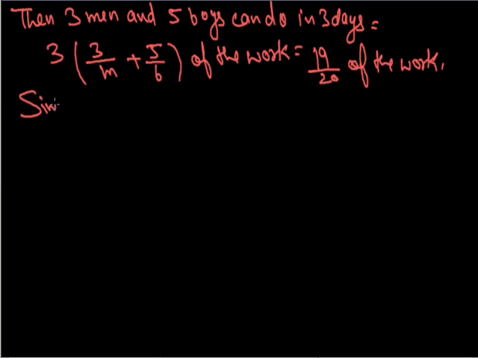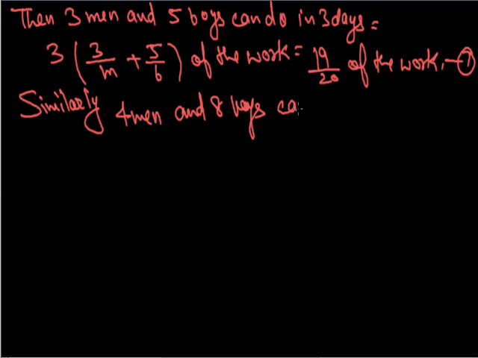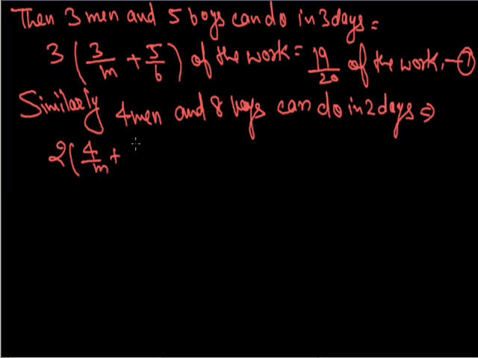Similarly, 4 men and 8 boys can do in 2 days 2 into (4 by M plus 8 by B) of the work, that is 14 by 15 of the work according to the given question.